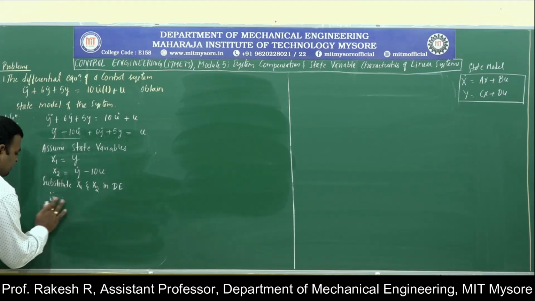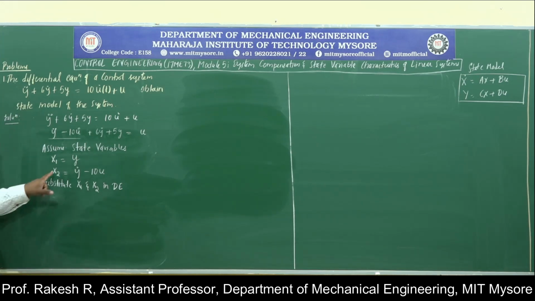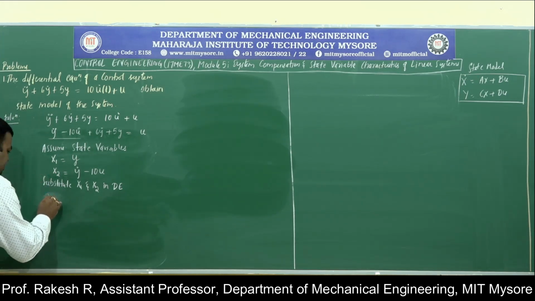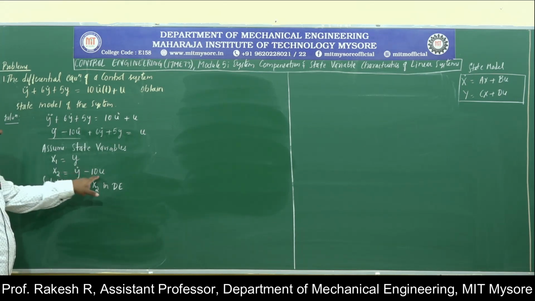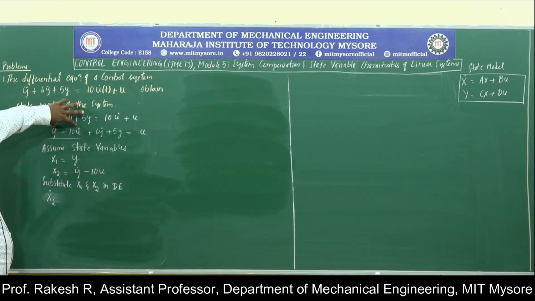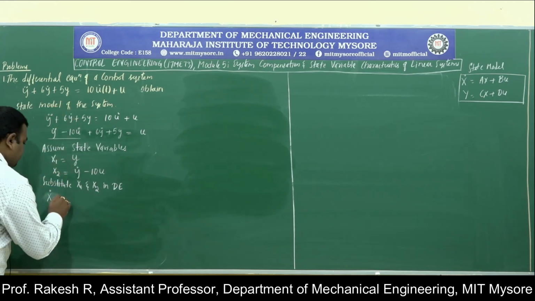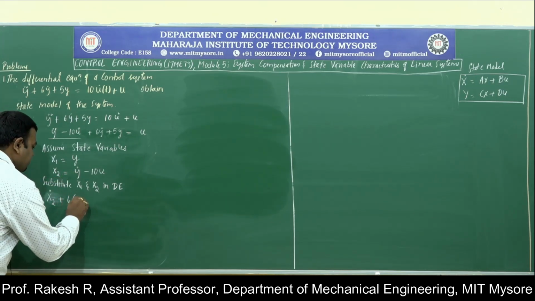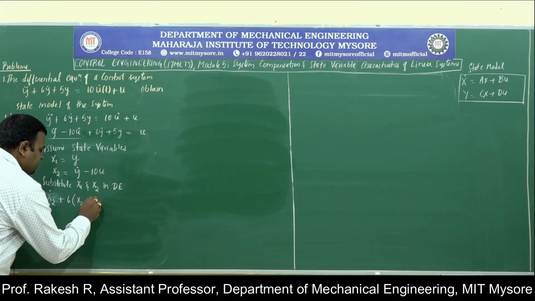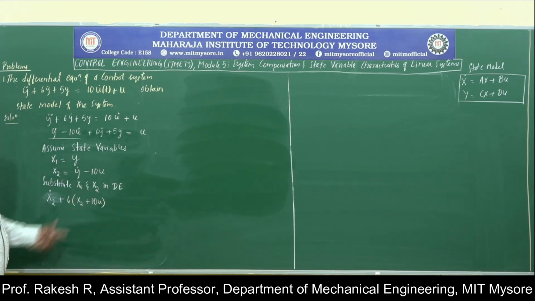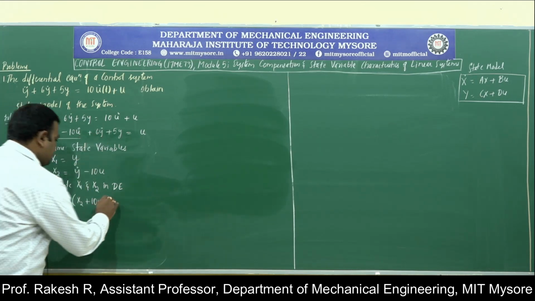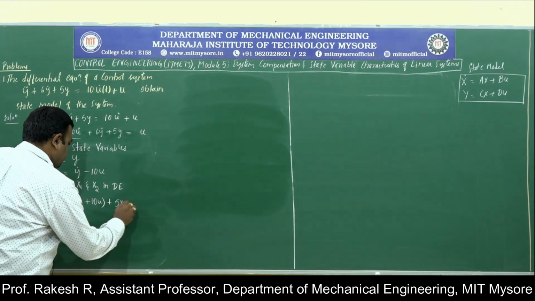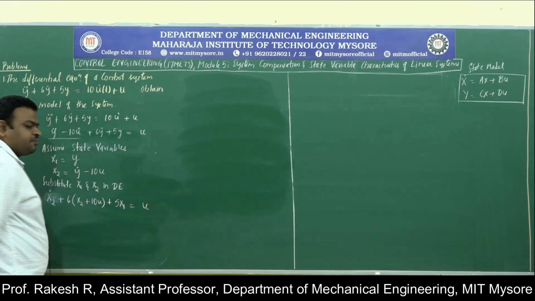Don't get confused. What we need to do is differentiate this. This is x2 dot. If I differentiate this, I will get y double dot minus 10 u dot. So this is the substitution I will get: x2 dot plus, what is y dot? y dot is x2 plus 10u. This is the substitution for y dot, so 6 into (x2 plus 10u), plus 5 into x1 will be equal to u.